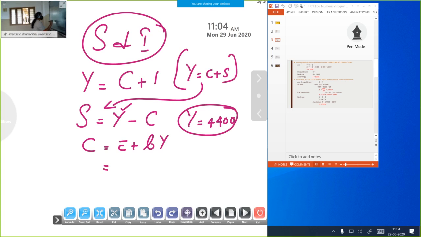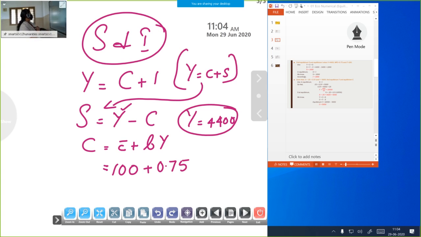C is given like this: C dash is 100 plus b, where b is the MPC, marginal propensity to consume, 0.75. Okay.